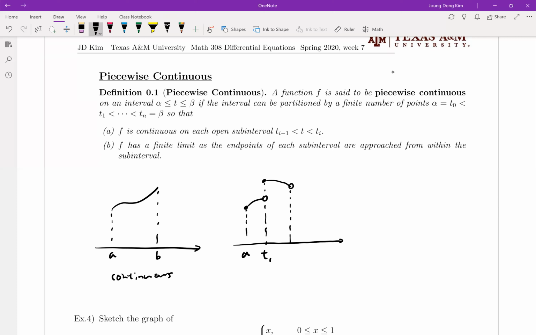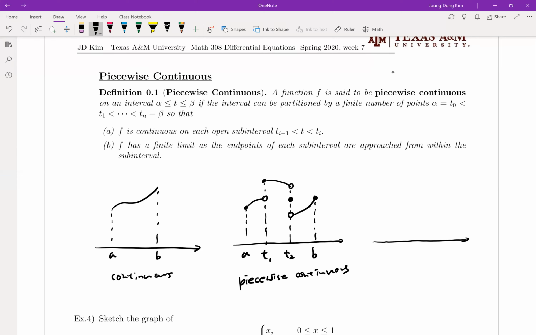And there is another function value, but it is still discontinuous with that. Let's say this is T2 and the endpoint is B, okay? Between A to B, there are three subintervals, right? Definitely this is discontinuous, right? But we can say it is piecewise continuous, okay? Because the first subinterval is continuous, continuous, and continuous, okay? The limit at the endpoints is just finite, which means there is no vertical asymptote. So we can say this is piecewise continuous, okay?